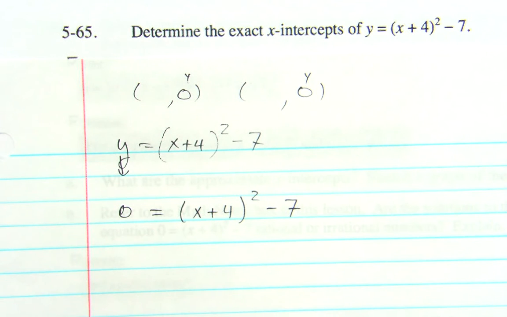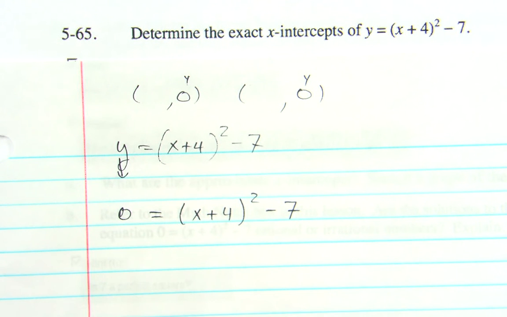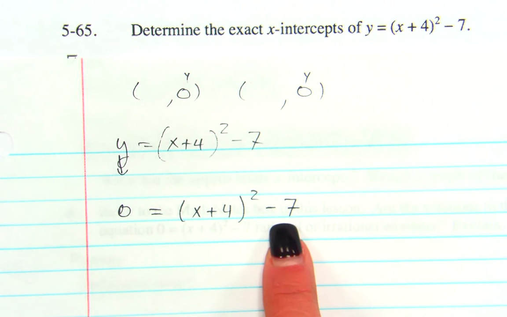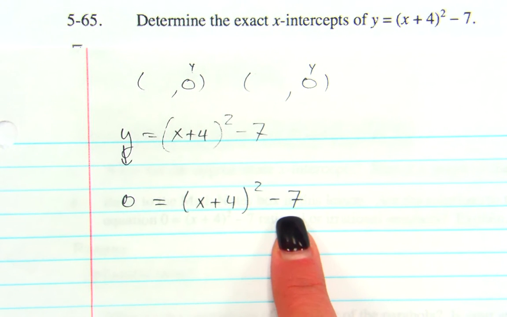In class today we found out that when you have a 0, it's equal to 0, then you are supposed to get one intercept only, or a double intercept. But looking at this, we don't have (x plus 4) squared by itself yet. We still have a negative 7 on the right side.